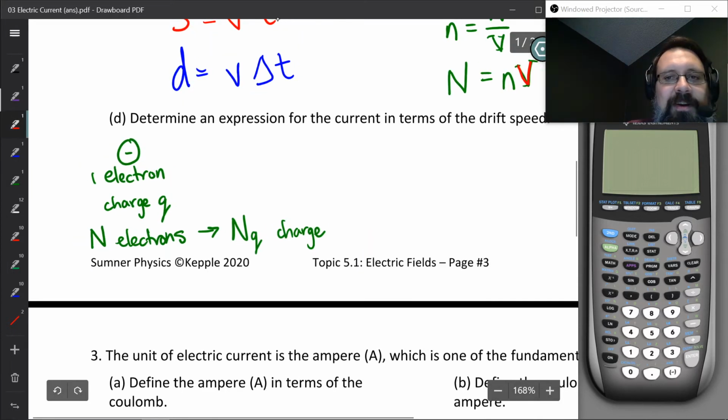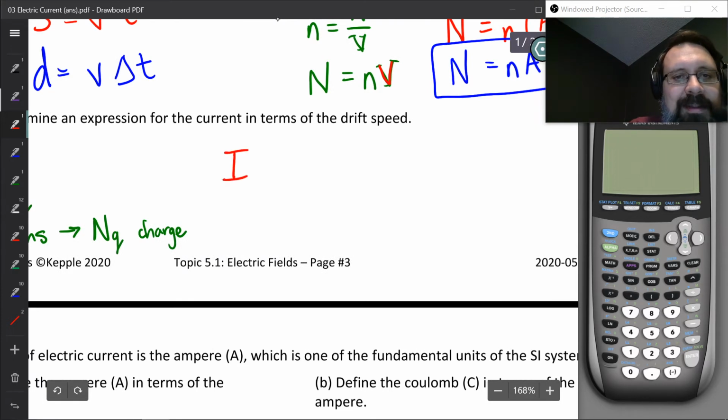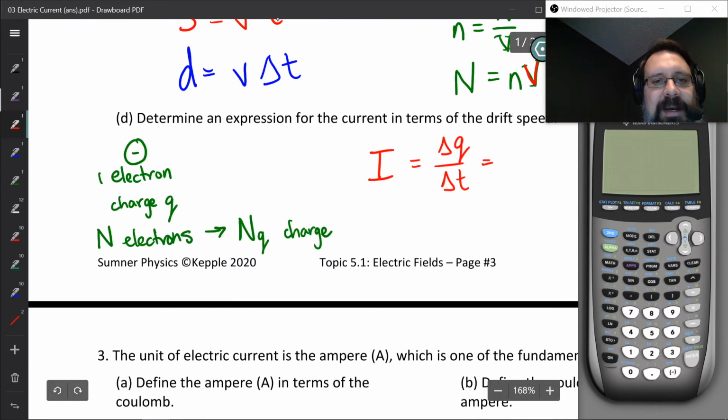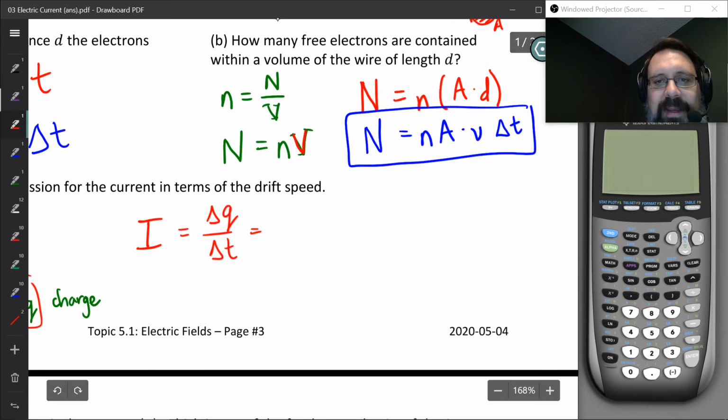Okay, so now let's find the current. To find the current, we need to take delta Q over delta T. So we just found the amount of charge that passes by. It's nq. But n is a super complicated equation up there. Why don't I just write it as nq over delta T, where q is the charge of an electron.